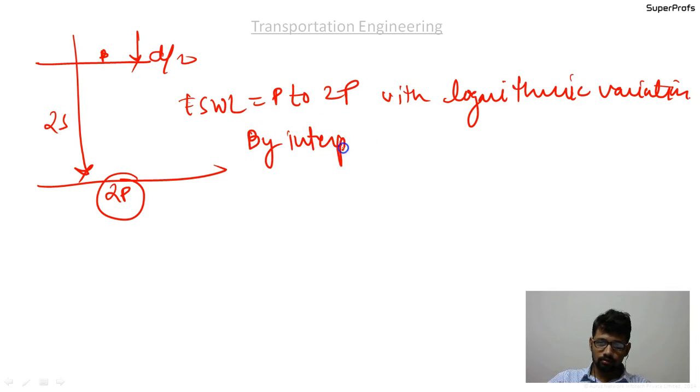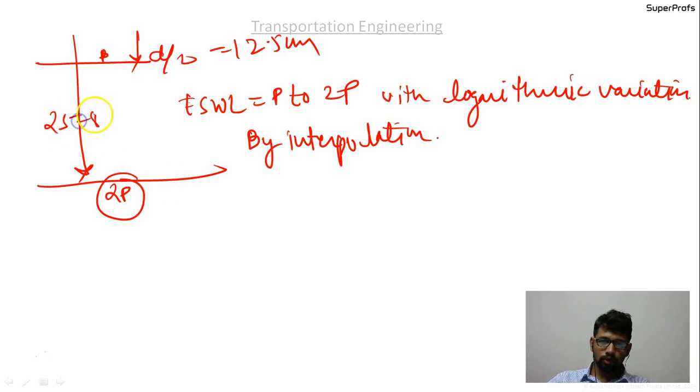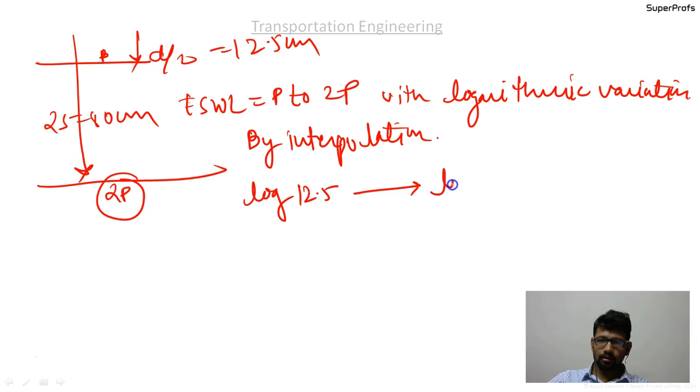Okay, so by interpolation, just for your information, d by 2 is 12.5 centimeters and 2s is equal to 80 centimeters. So by interpolation, log of 12.5 is log of 3500, and they are asking at 60 centimeters.